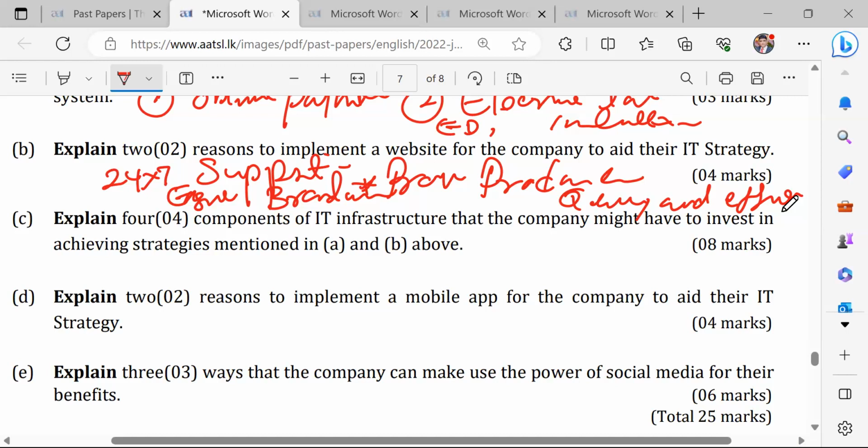Explain 2 reasons to implement a mobile app for the company to aid their IT strategy. How they can use this, right? They can use mobile applications for their customers to order.